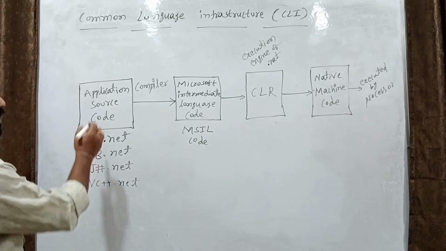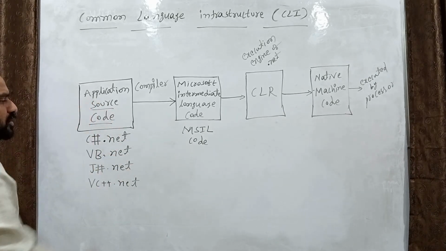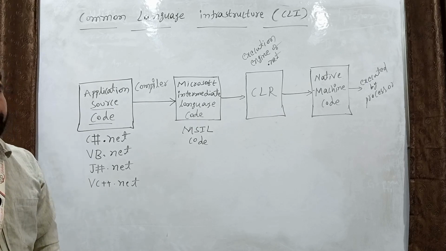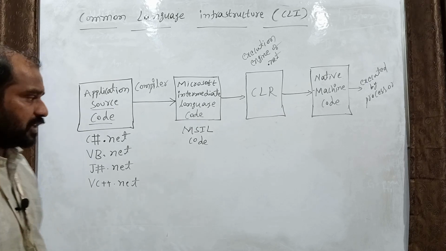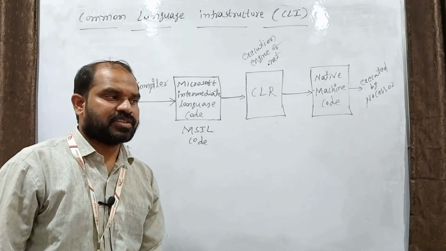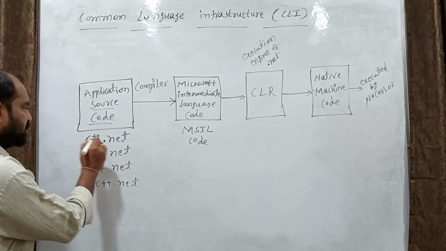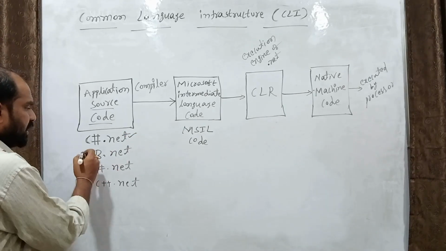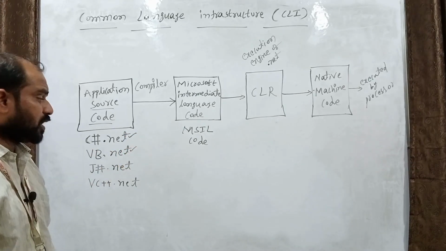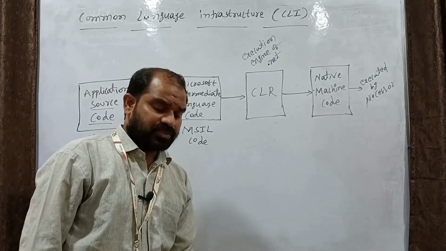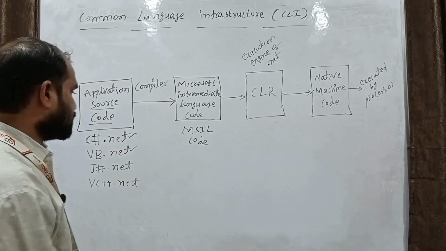First of all, we need to write the source code by using a programming language. As I said, .NET uses C sharp as the programming language to implement applications. The highest priority is for C sharp and the next priority is for Visual Basic. After that you can use different programming languages like Java, Python, and C++.